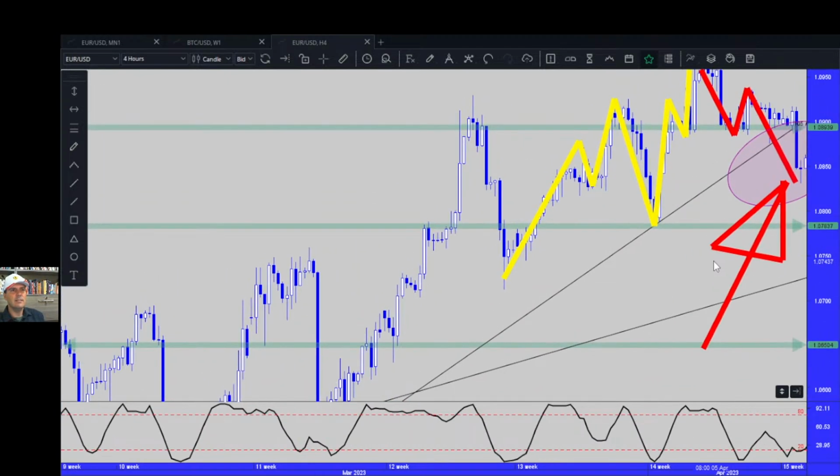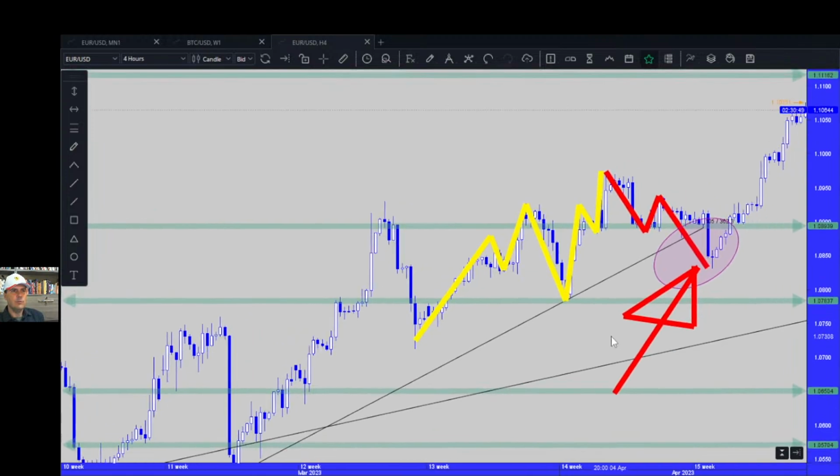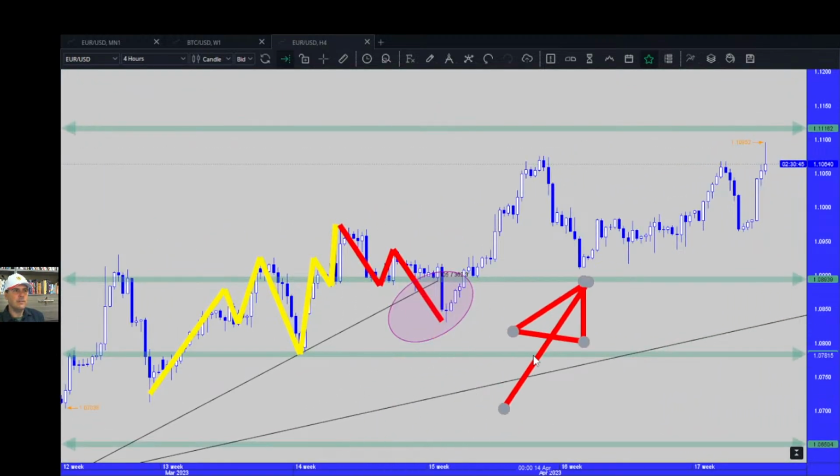Do we have a signal to short the market? Yes. What would happen? Clara, what would happen? What would happen, everybody, if I am shorting the smaller time frames?